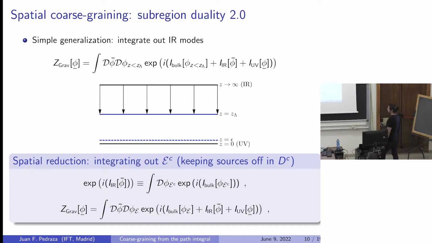So that is the prescription, and as a result, you can mimic what you did here, and you get a partition function with a bulk piece, a UV piece that includes all these boundary counterterms to make this finite, and now an infrared piece that is defined over the lids of the entanglement wedge.